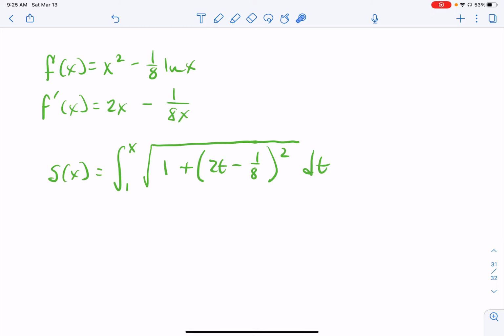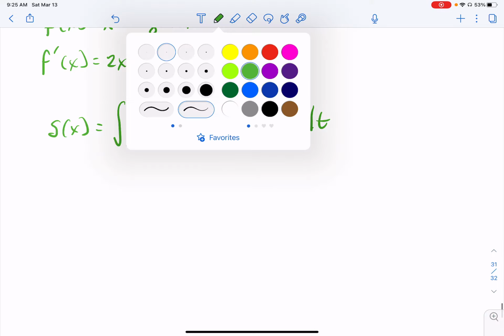Oh, I put an x there, and I switched them up. So there you go. There's your arc length function. But I think that we can resolve this a little bit. We can maybe do a little bit of calculus and clean it up.